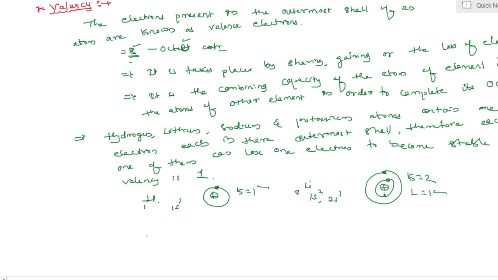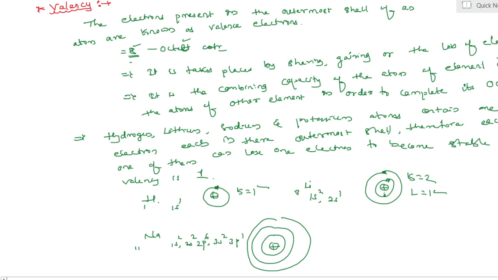And the third example taken here is sodium, electronic configuration 1s2, 2s2, 2p6, 3s1. Structure: K cell, L cell and M cell.